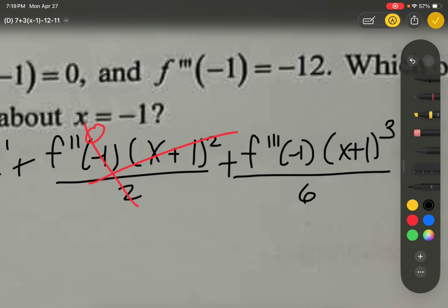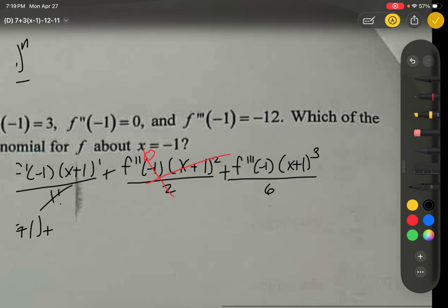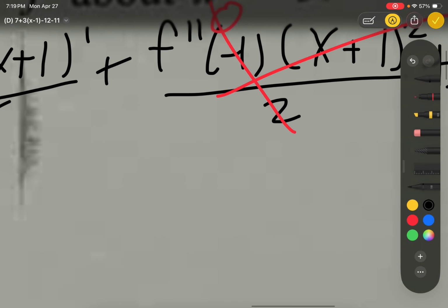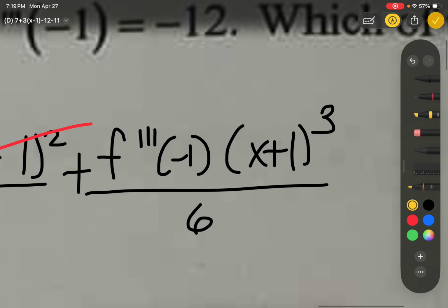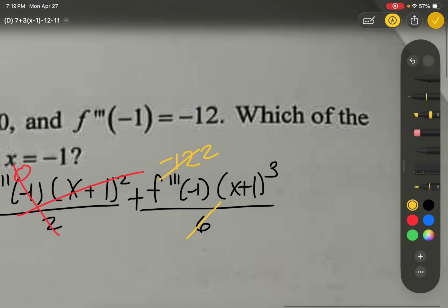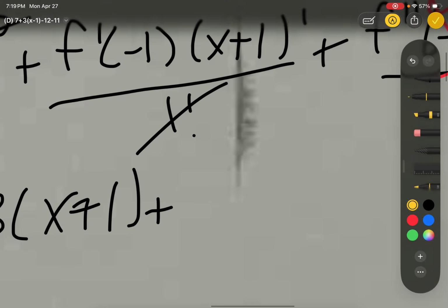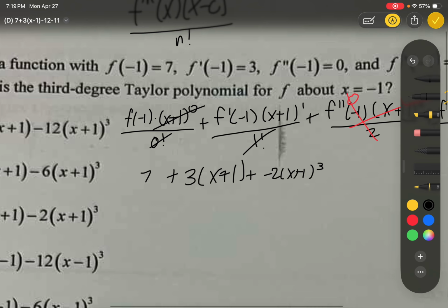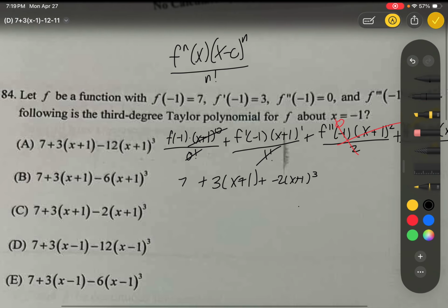And then f triple prime of -1 is going to be -12, and -12 divided by 6 is just going to be -2. So it's going to be minus 2 times x plus 1 cubed. So let's match everything together, and I believe our answer should be C.